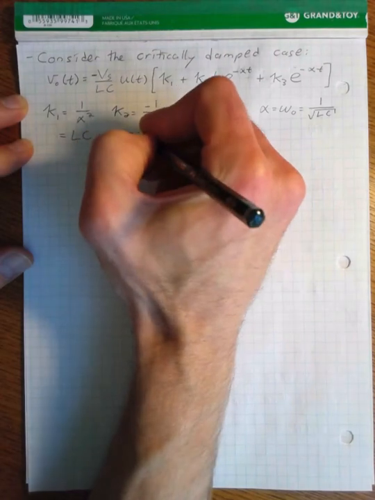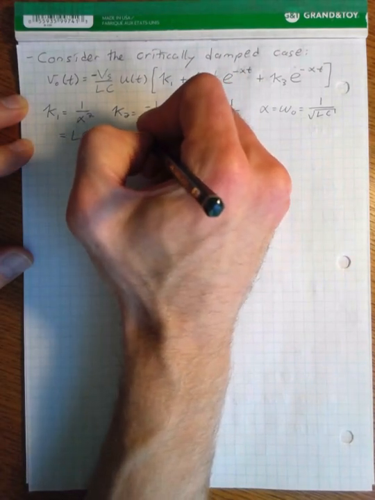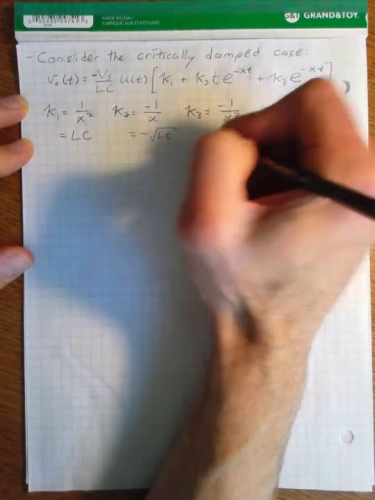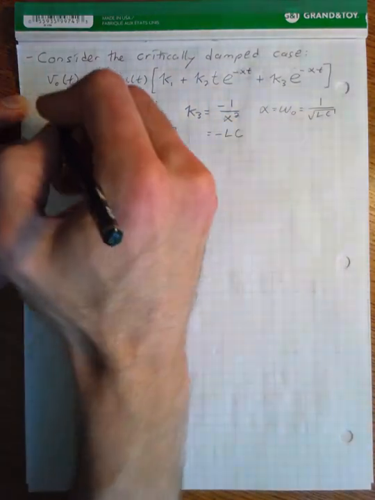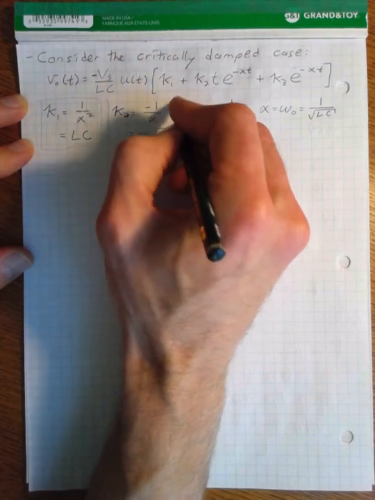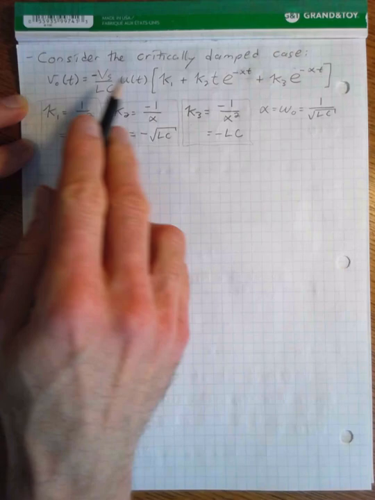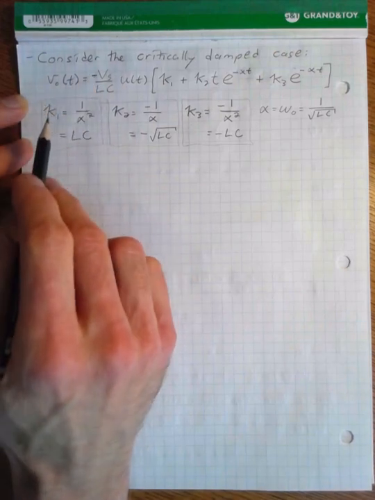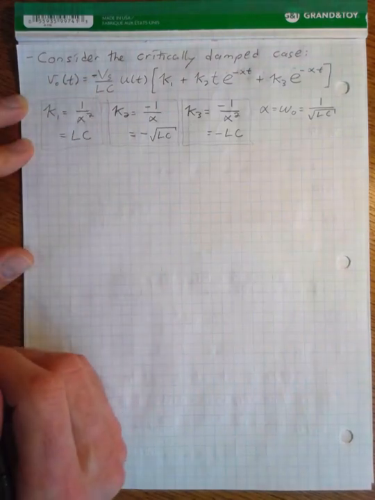K2 is equal to minus root LC. K3 is equal to minus LC. You'll notice the one difference in our equation up here is a negative sign in front of the Vs, because we're dealing with a negative step function.